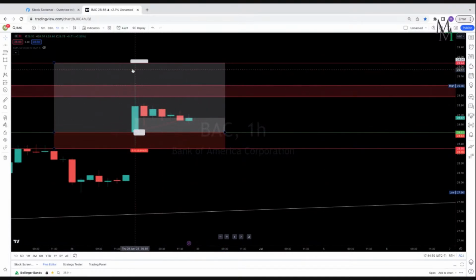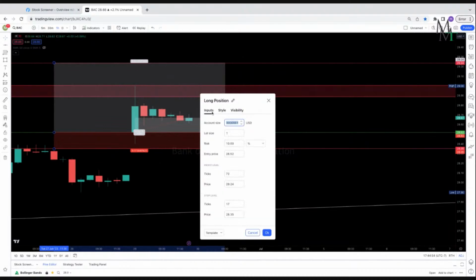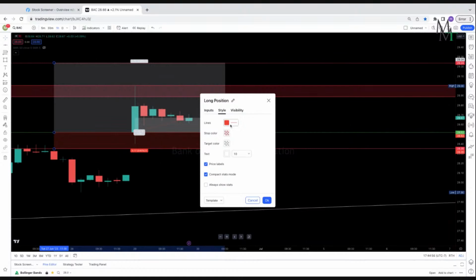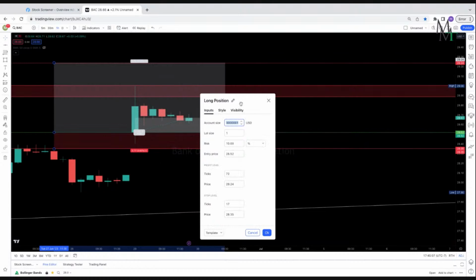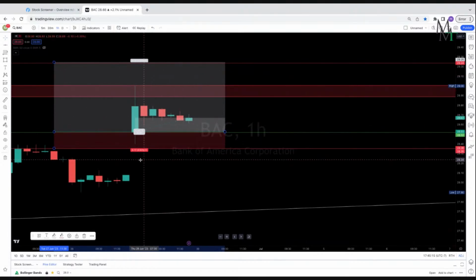Okay, so I'm going to tell you in terms of points. I can barely read this. Hold on. Okay, let me read this carefully. So what it tells me is that if I get stopped out, I'm going to lose. My stop is 0.17.